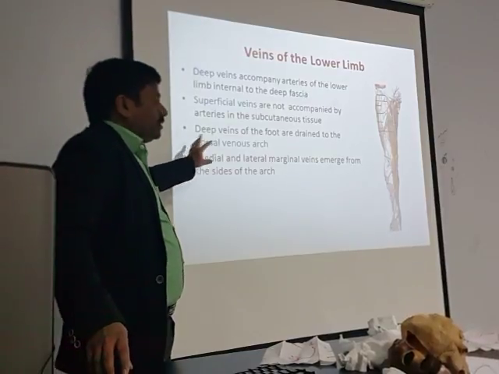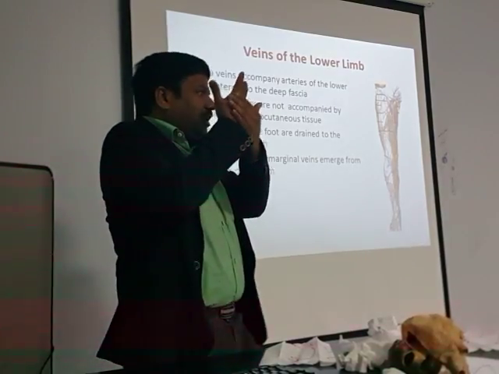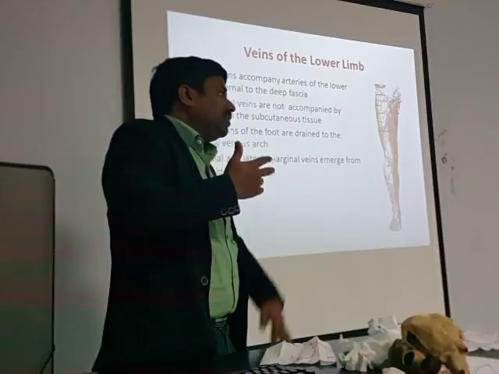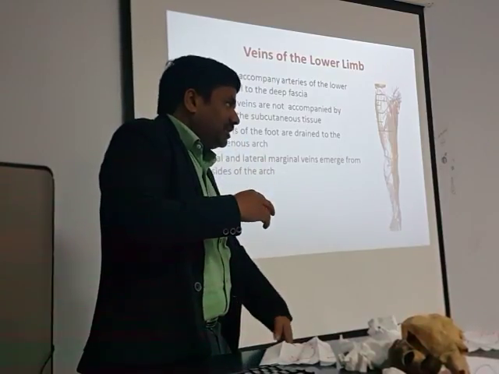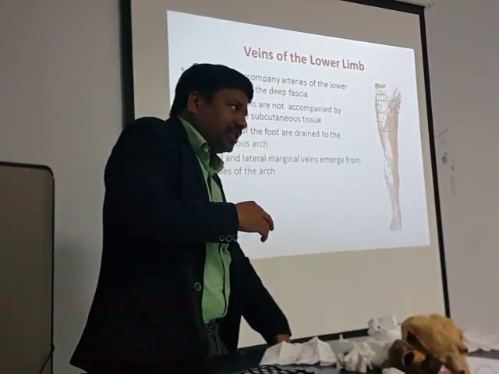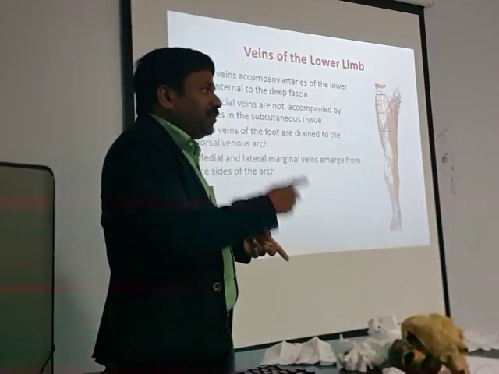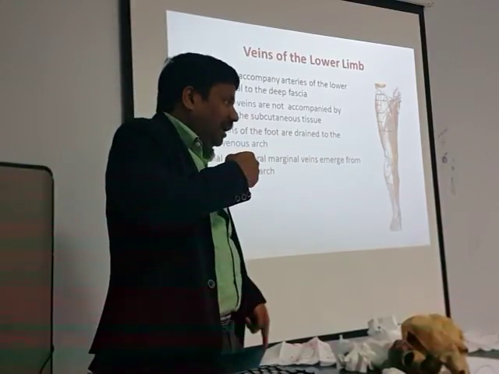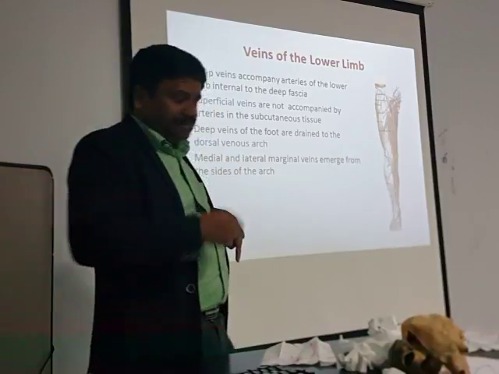Same as the dorsal venous arch, on the dorsum of the foot. At the medial end, you have the great saphenous vein. At the lateral end, the small saphenous vein.